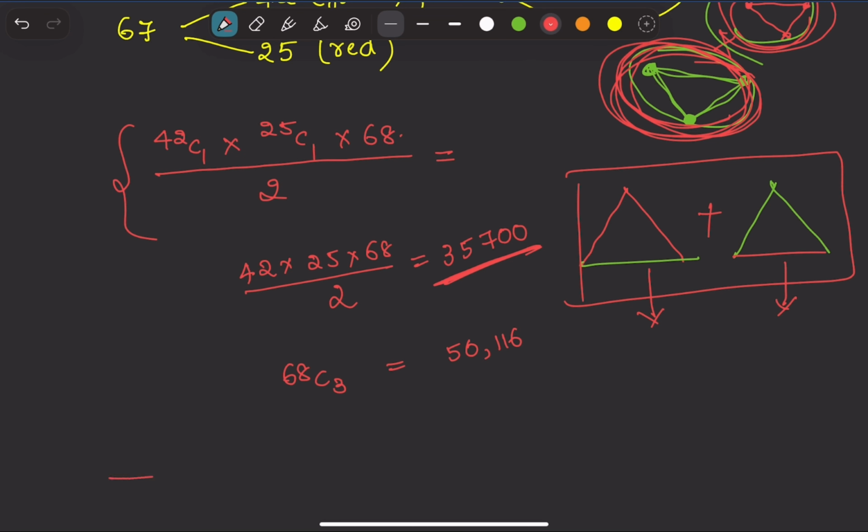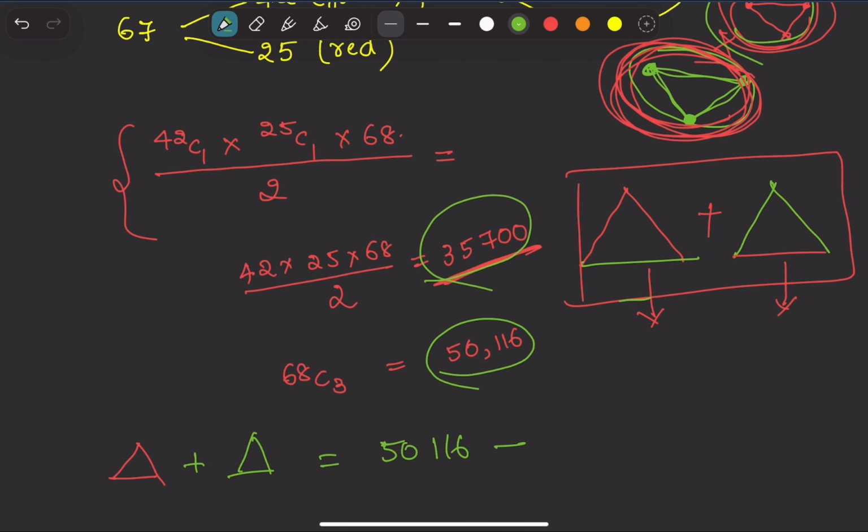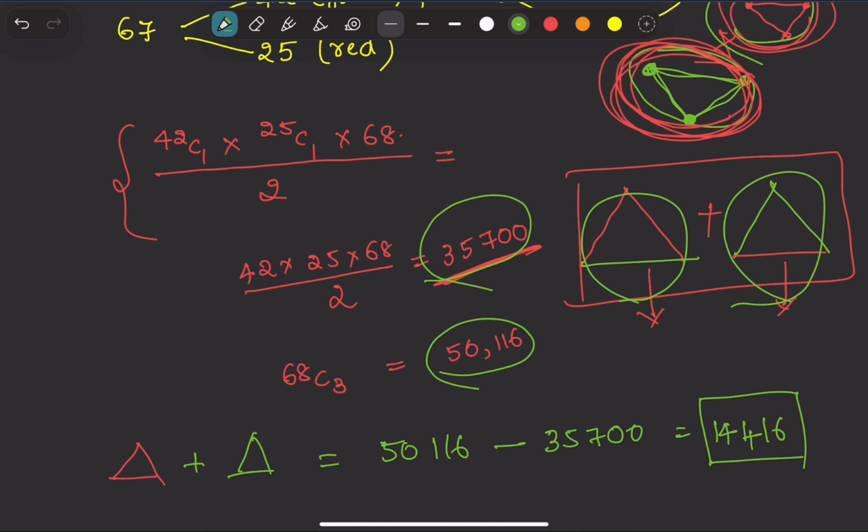So the required answer, the triangles of this type plus the triangles of this type, is your total triangles minus the triangles of these two types. So 50,116 minus 35,700 will give you 14,416. So this is your answer.